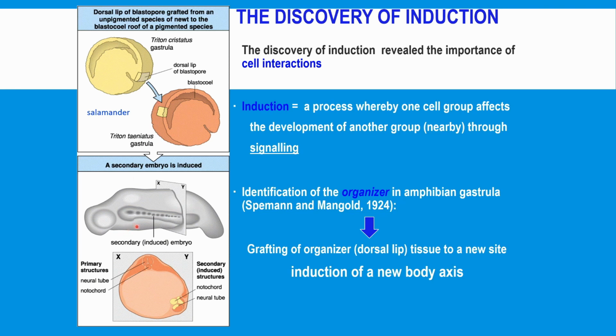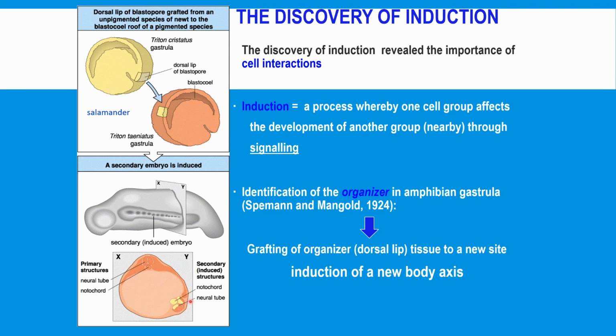And what they saw actually was that they could induce a second embryo on top of the other developing embryo. This is shown in a cross section here. You have the expected embryo, but if you put in this part of the blastopore from another animal grafted into another region on the embryo, you would get secondary structures that are induced.